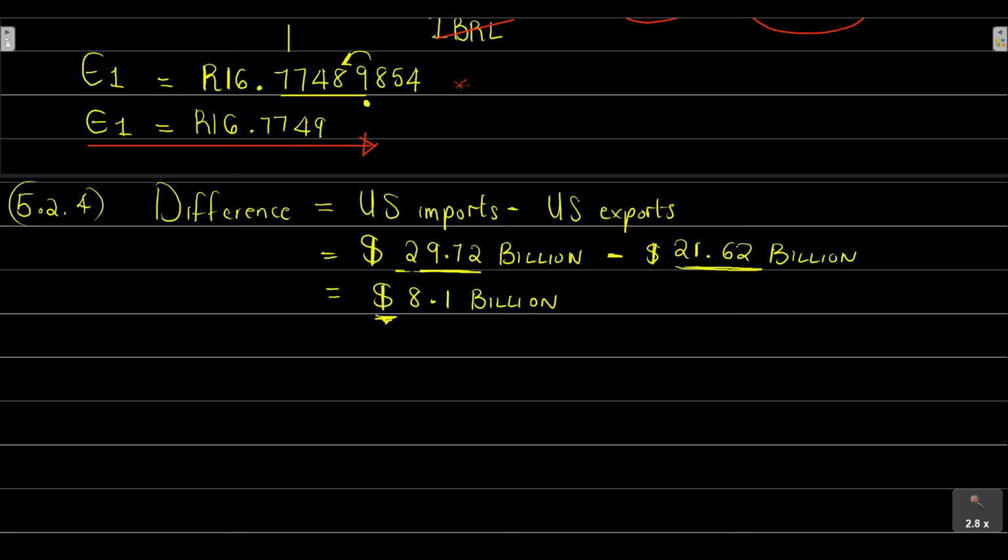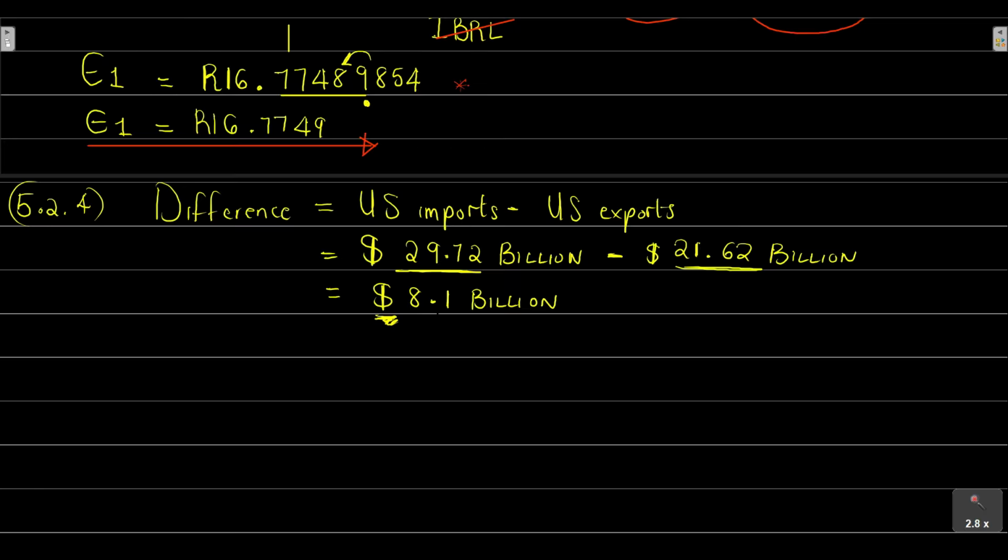Once we've converted these dollars into euros, then we'll have euros to euros to compare, right? We will be able to say that we saw that the difference is this amount, therefore his statement is correct. But if one currency is in dollars and the other is in euros, we can't really compare.